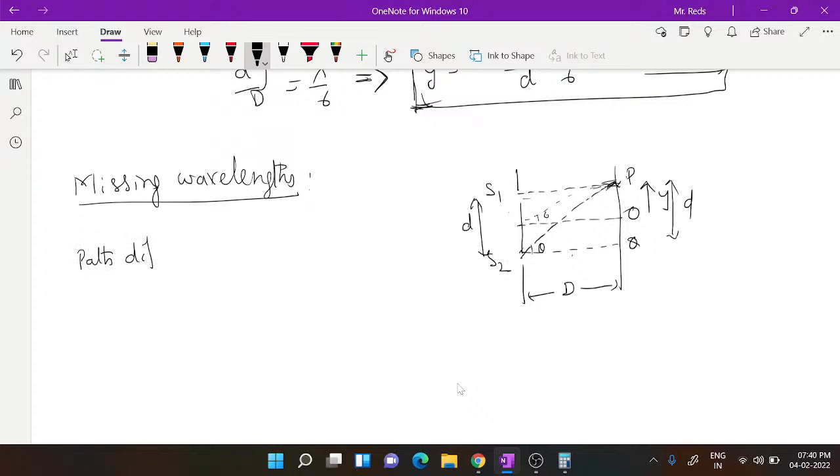path difference delta x is equal to S2P minus S1P. Got it?